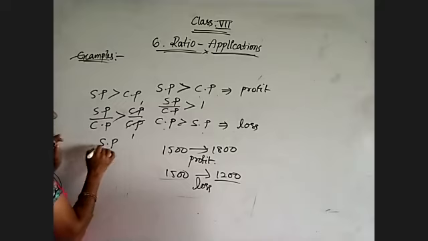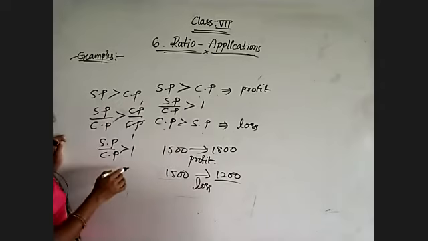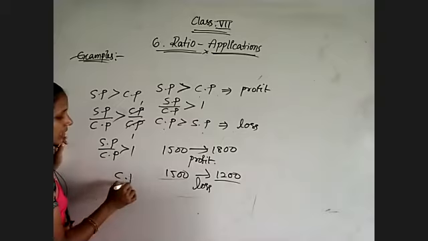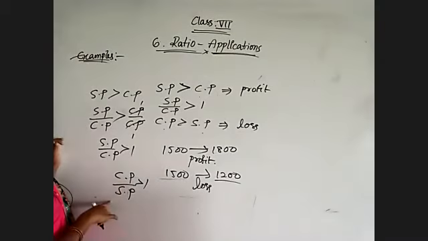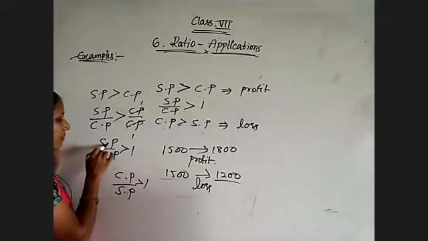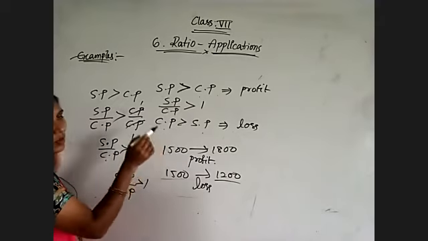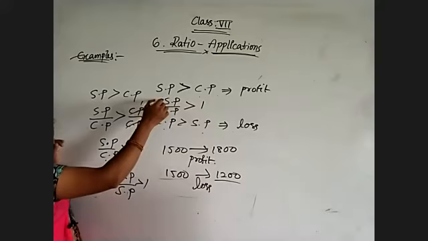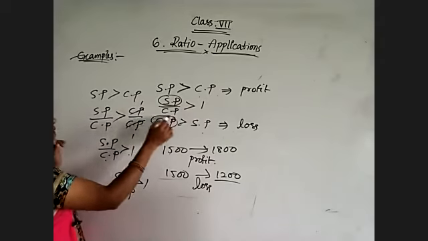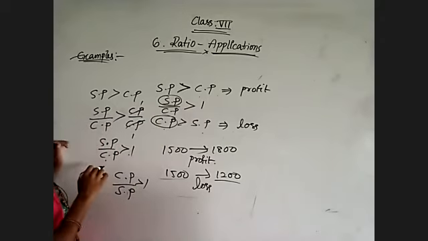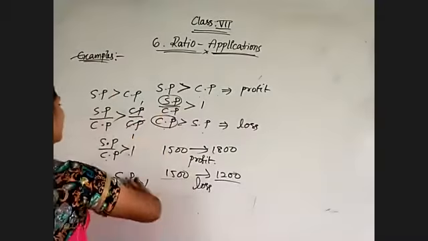So SP by CP is greater than 1, then we are getting profit. Similarly, CP by SP is more than 1, then we will get loss. SP by CP more than 1, profit. CP by SP more than 1, loss. If SP is in the numerator, you will get profit. If CP is in the numerator, you will get loss. Remember these two conditions. Now coming to the next example.